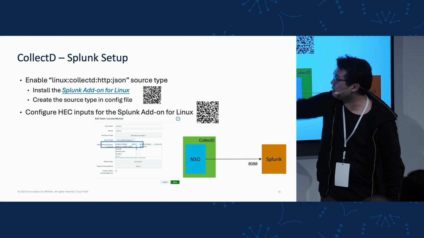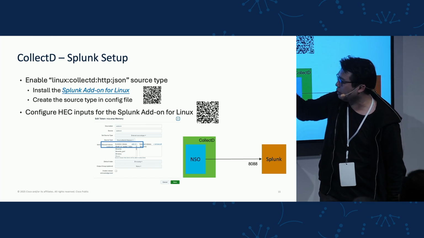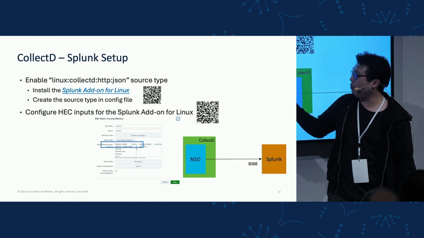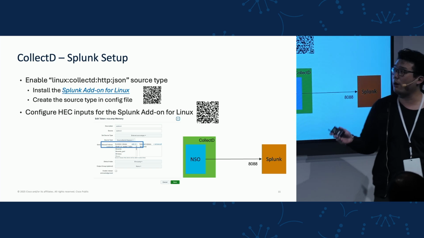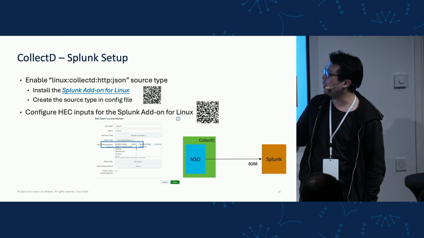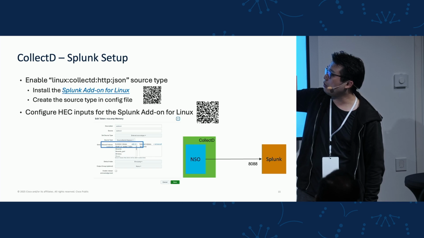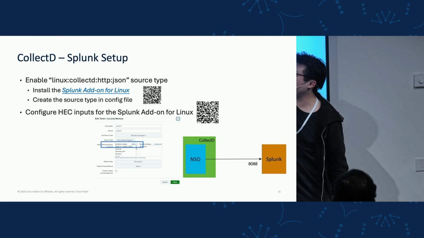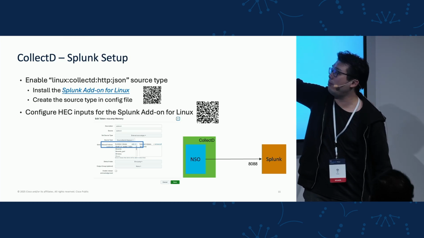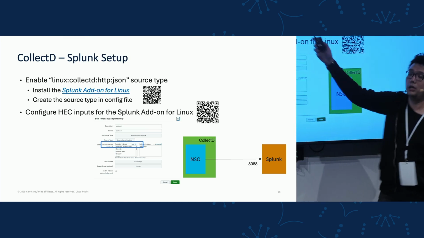So this collector now will be able to receive data sent from collectd directly with memory data. And this is how you configure this part from the HEC side. Well, this is the guide for how you enable the type here.